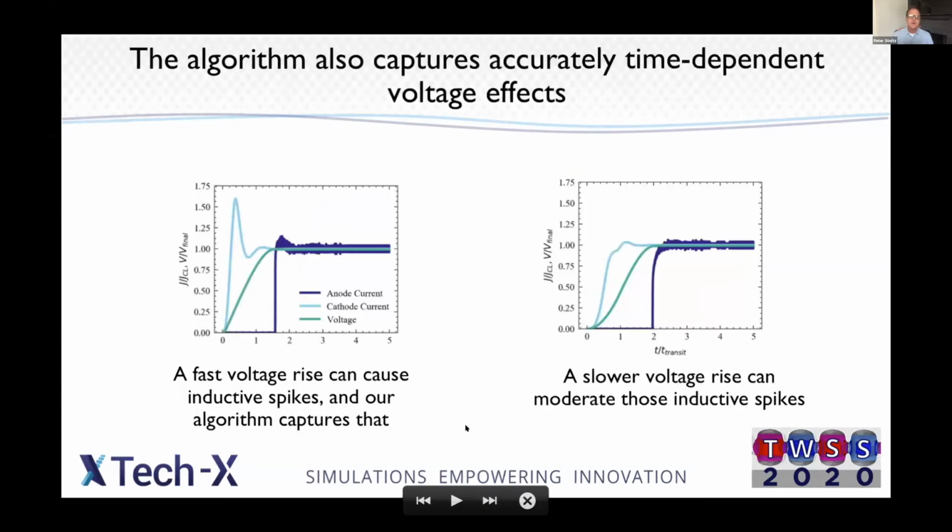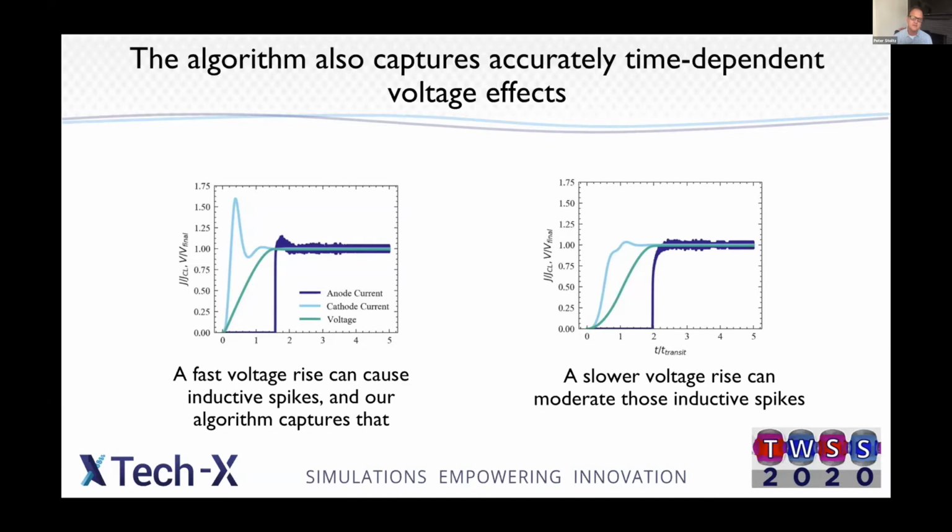Oh yeah. So another way that we tried to test this 1D parallel plate case is we said, well, so far we've always just assumed the voltage is there at time 0, right? At time 0, there was the full voltage across the gap. But in a lot of cases, that's not going to be the case, right?